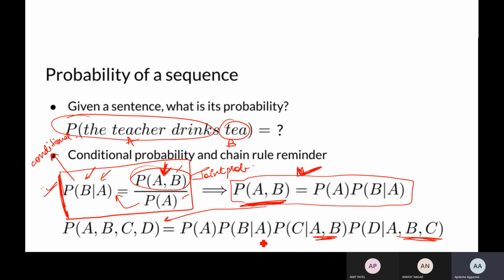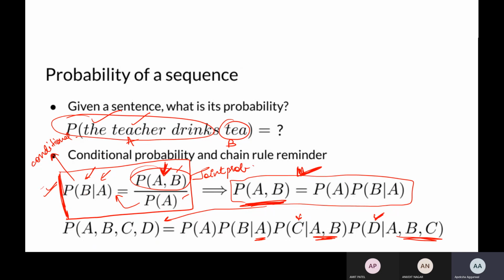We want conditional probability: B appeared given A appeared already in the sentence, C should appear given A and B. The teacher already appeared, then only I want to know whether drinks appears or not. And for the fourth word, did tea appear given the teacher drinks appeared or not? So this is conditional probability. This is called the chain rule, and this is how we calculate the probability of occurrence of a sentence.